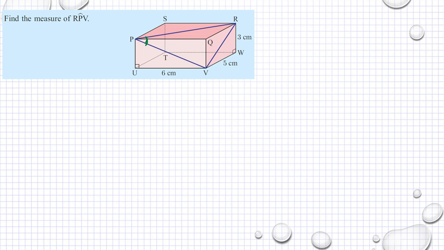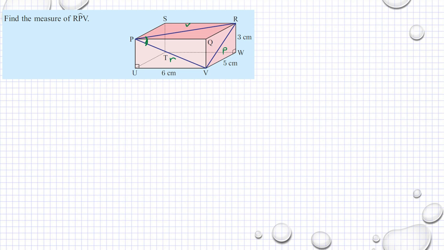If we call this P, and this R, and this V, we need the lengths of those sides so that we can find our angle P. Okay? How to find that?